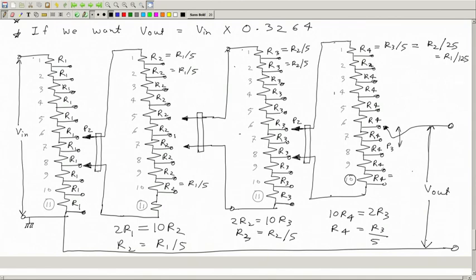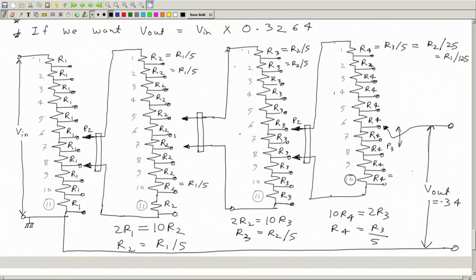Okay. Now in this configuration, according to what we have drawn, how much is V out? To calculate V out, we can do it like this. We have 1, 2, 3 resistances. So V out will be therefore 0.3, 1, 2, 3. Then here we have 1, 2, 3, 4, up to the lower resistance. So 0.04, another 0.04, means 0.34.